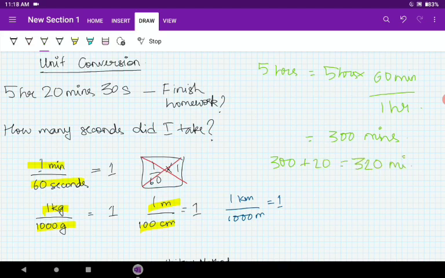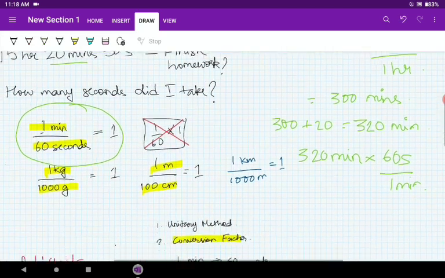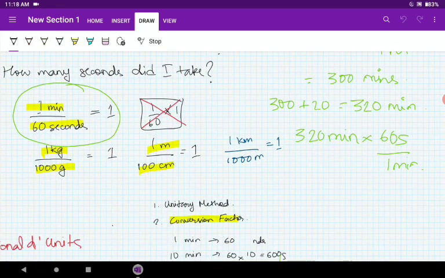So 320 minutes we have to convert into seconds. This means 320 minutes into 60 seconds by 1 minute. I have previously mentioned that 1 minute and 60 seconds are equivalent. So this will come to 19,200 seconds, and we have another 30 seconds.